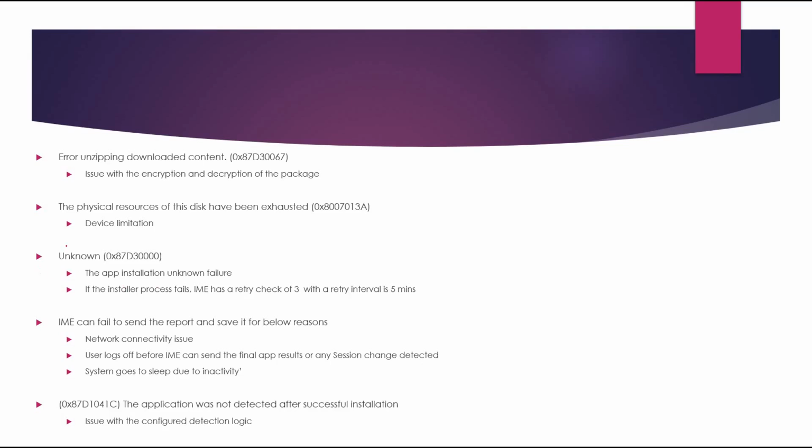So in very rare cases, we will see that there is an issue with unzipping the downloaded content. The content that we download from the CDN, after the get policy happens, is downloaded and then unzipped and decrypted, and that decryption information is there in our XML.